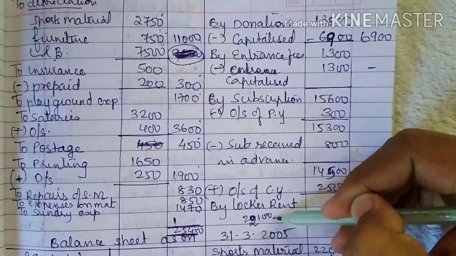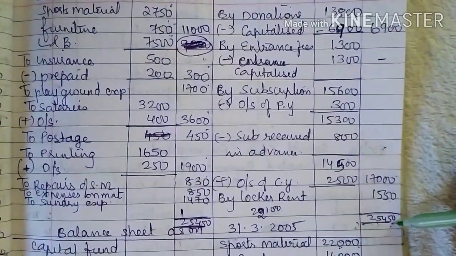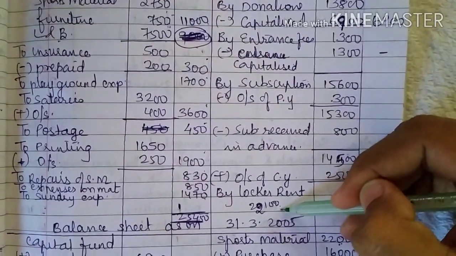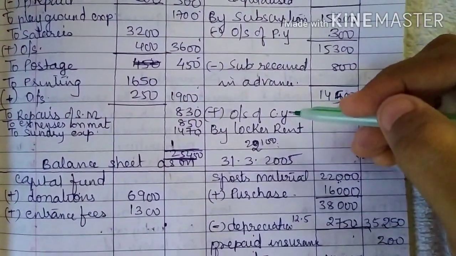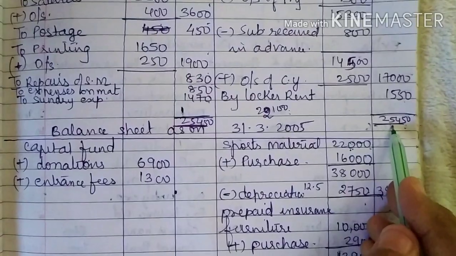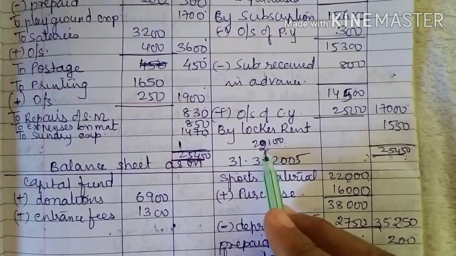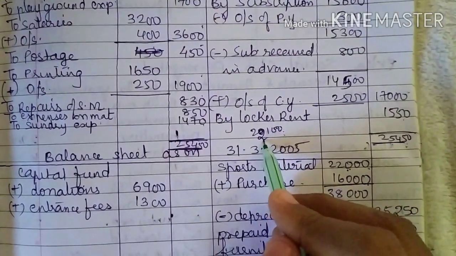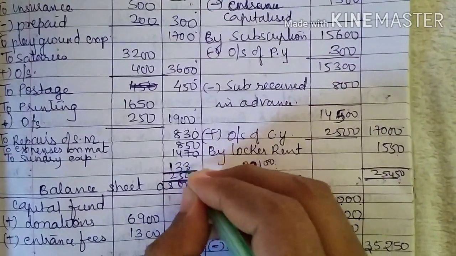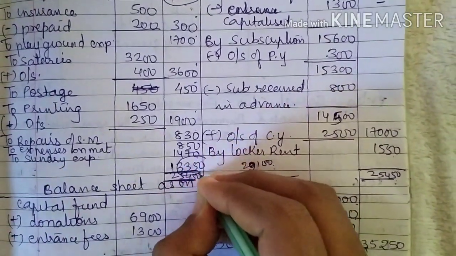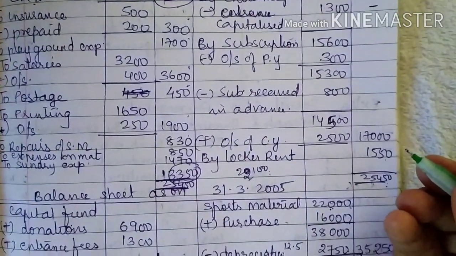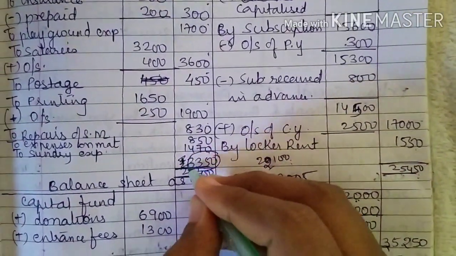From this it is very clear that credit side amount is more than the debit side amount, so it is a surplus. Subtract 25,450 with 22,100, you will be getting 3350.